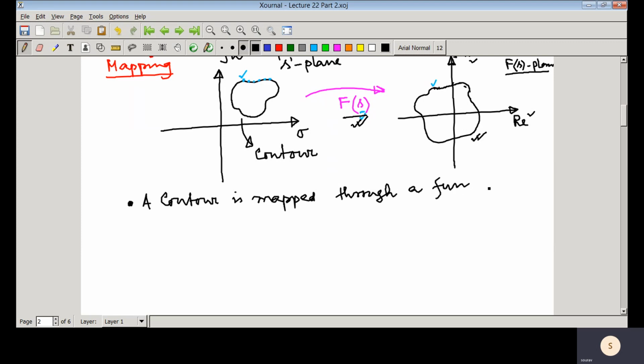And the second thing is the shape of that contour: that mapping depends on F(s).